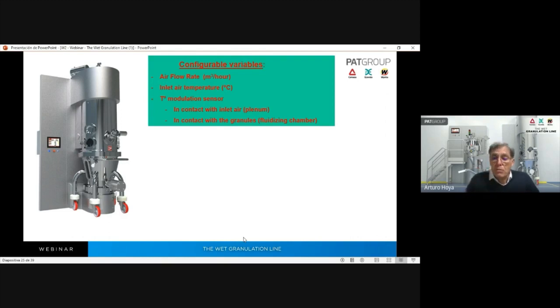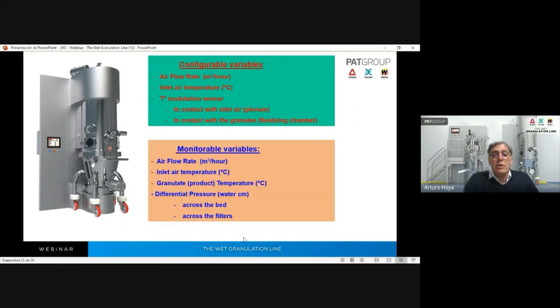Two ways of modulation. Of course, you can monitor airflow rate, inlet temperature, and granule product temperature. This one is very, very important.